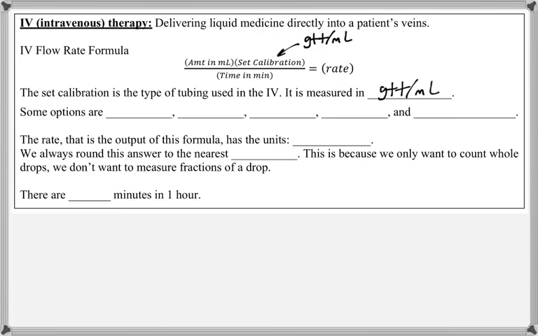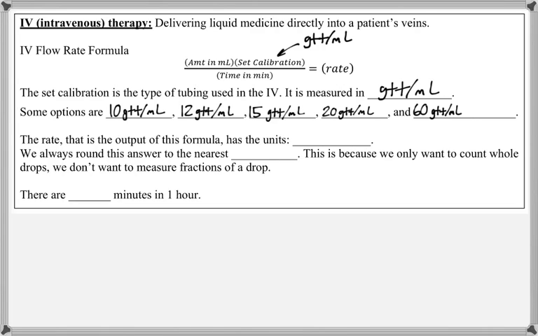So some of the options for this are 10 GTT per ml, 12 GTT per ml, 15 GTT per ml, 20 GTT per ml, and then lastly 60 GTT per ml.